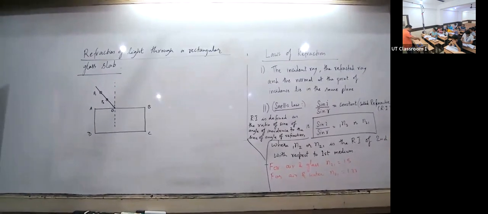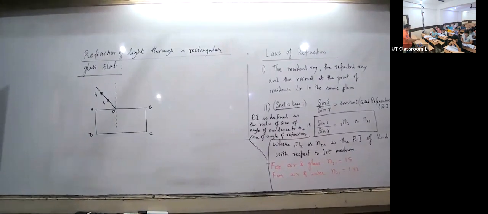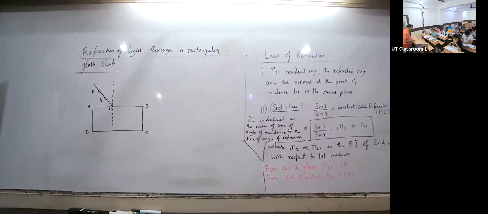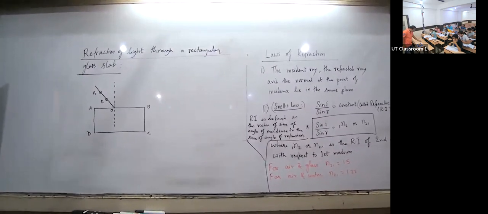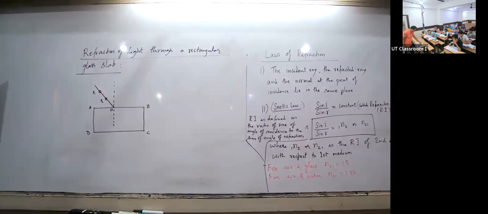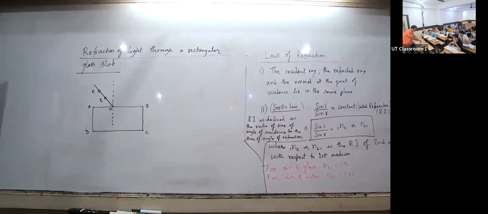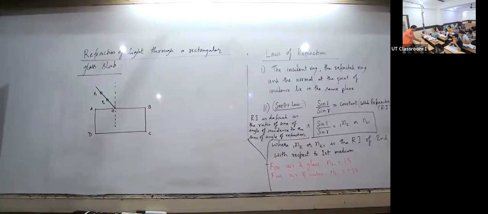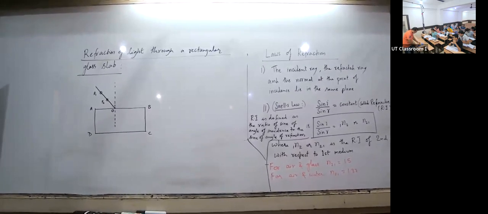So this pin should hide it. You should not see two different pins when you are looking from this side. When these are aligned, try to insert another pin such that they all look in the same line. And one more, right? So as an observer, you only see the last one. I hope you're getting it.